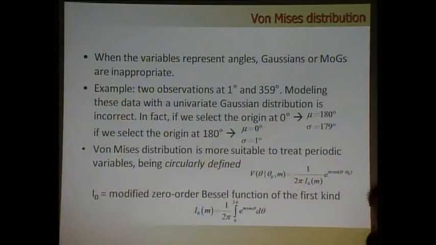So when the variables are angles, usually linear models are inappropriate, for example, Gaussian or mixture of Gaussian. If we think about two different angular observations, one, for example, at 1 degree and the other one at 359 degrees, and we take the mean, it will be 180 degrees. And this is obviously wrong because the mean should be around 0. So we must adopt a model that takes into account that the feature we are using is periodic.